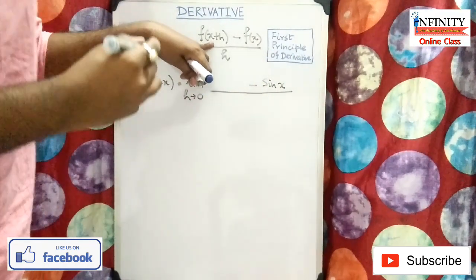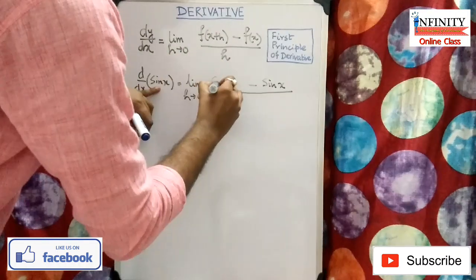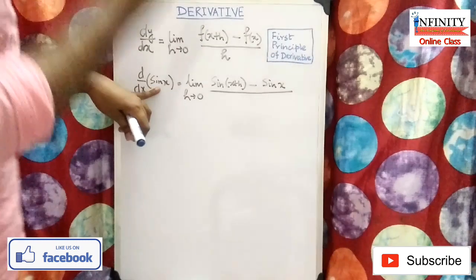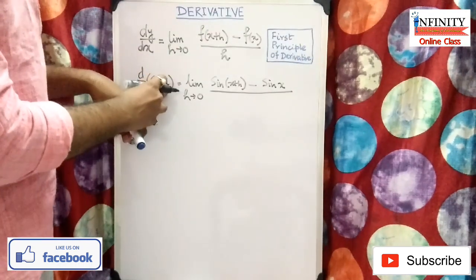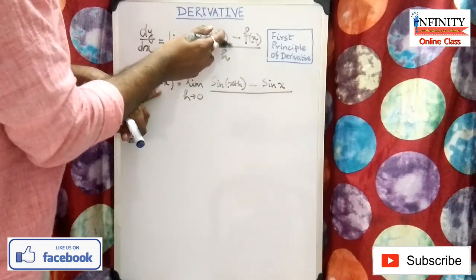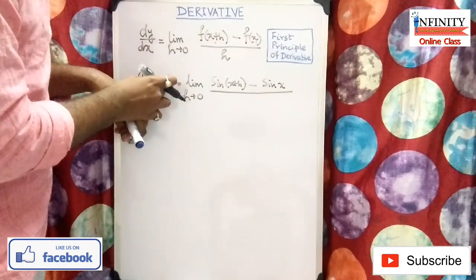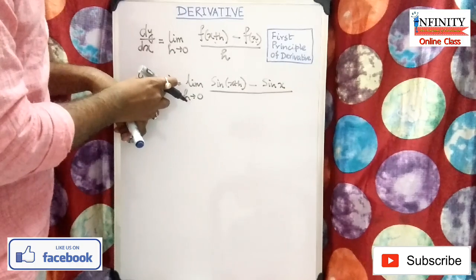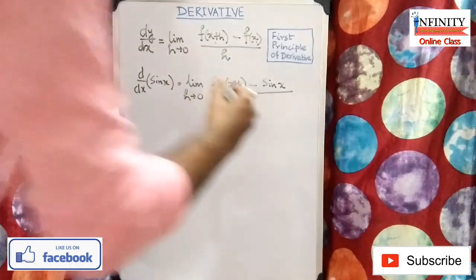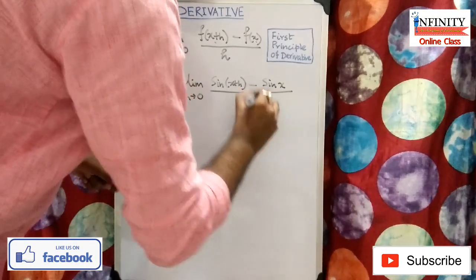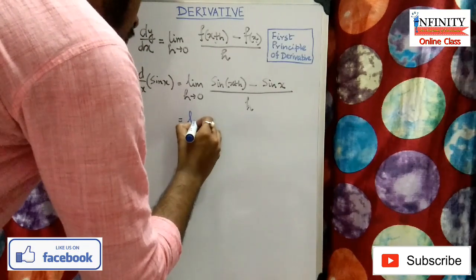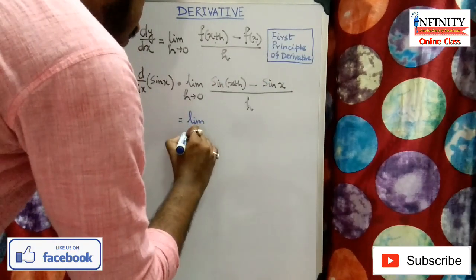And what will be f of x plus h? That will be sine of x plus h. That is, you have to write x plus h in place of x. Here you can find that in place of x, we can write x plus h. So into this function, into this y, we have to write x plus h in place of x, divided by h. Then simply you can follow the trigonometric rule to simplify this.